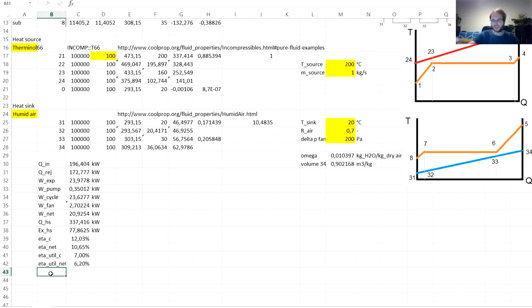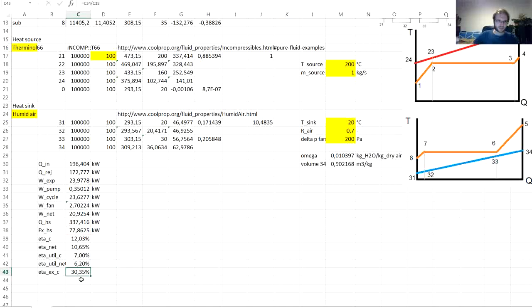And now let's have the Exergy efficiency. We can also express the Exergy efficiency just for the cycle. So it would be work of the cycle divided by the Exergy of the heat source.